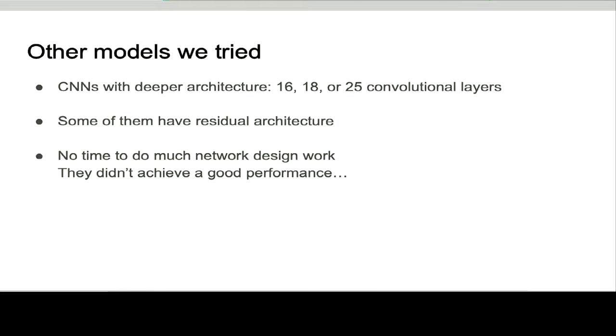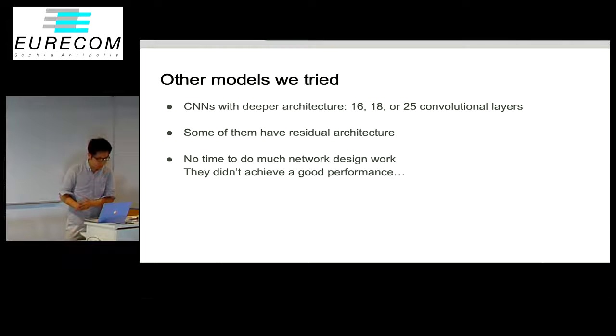And we also tried deeper models, like over 16 layers, and some of them have the residual architecture, but we had not enough time to design the network, and they didn't achieve a good performance.